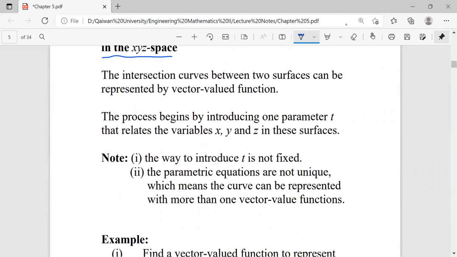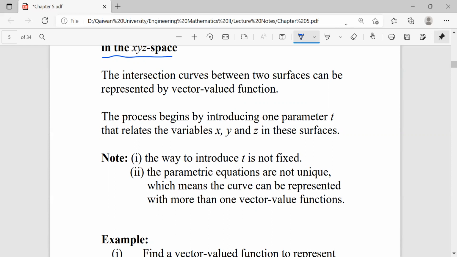Now, writing vector valued functions for a curve in XYZ space. Intersecting two surfaces, or a plane and a surface, we get a curve. The intersection of a plane and a surface is a line or a curve. For finding the equation for that curve, we can use parametric equations, to find the vector valued function for that intersection curve.